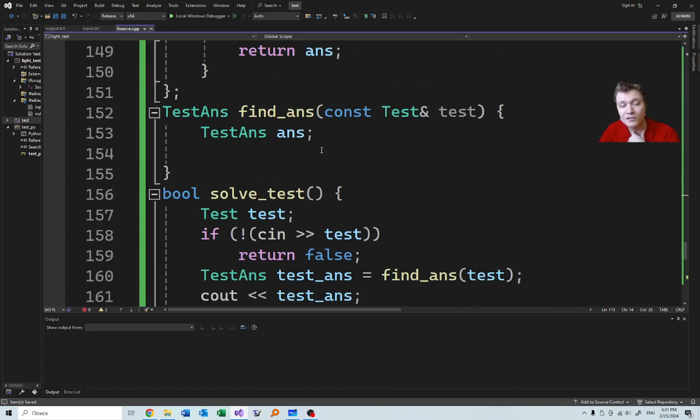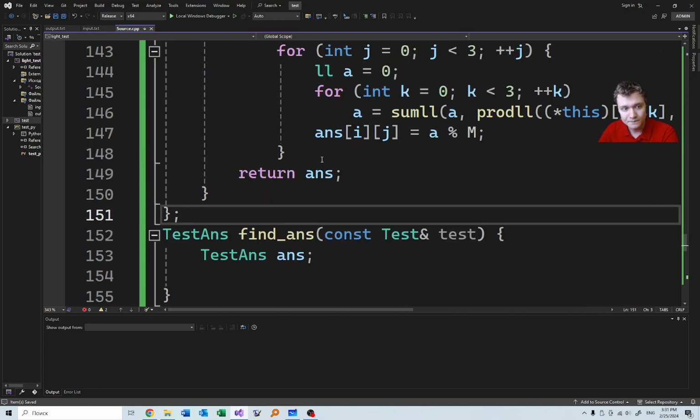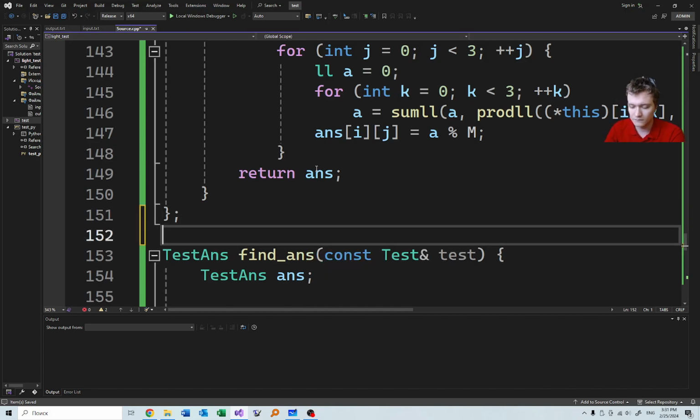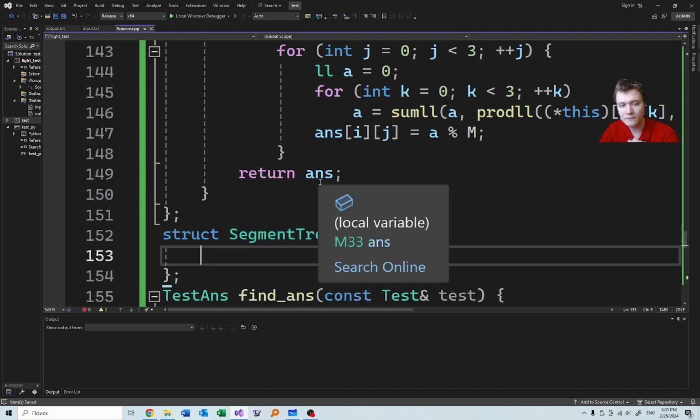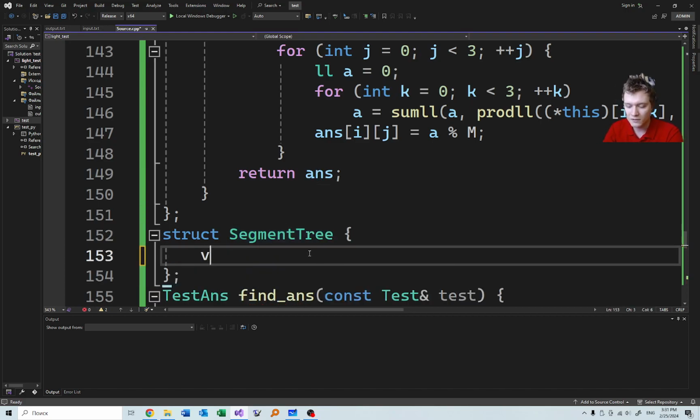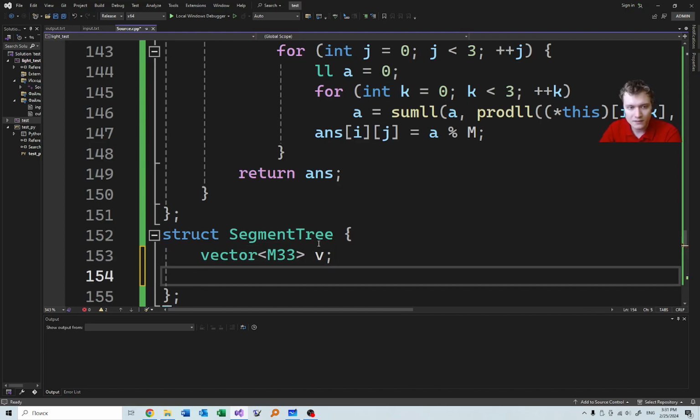Now I guess we are ready to write a segment tree. So segment tree stores M33 V, I think. So let's extract it.